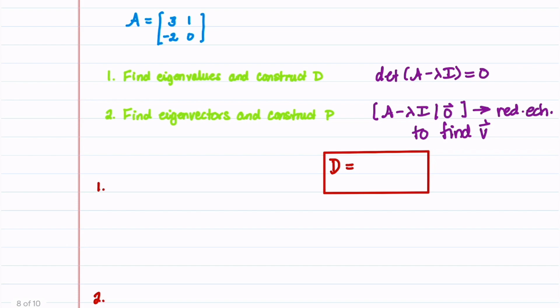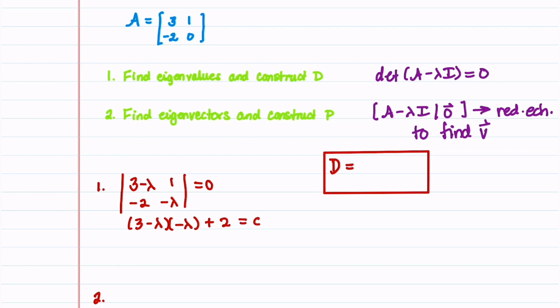Let's begin with step 1. We take the determinant of A minus lambda I, so this is 3 minus lambda, minus 2, 1, and then minus lambda, set that equal to 0. So this gives us (3 minus lambda) times (minus lambda) minus (negative 2), so that's plus 2, is 0.